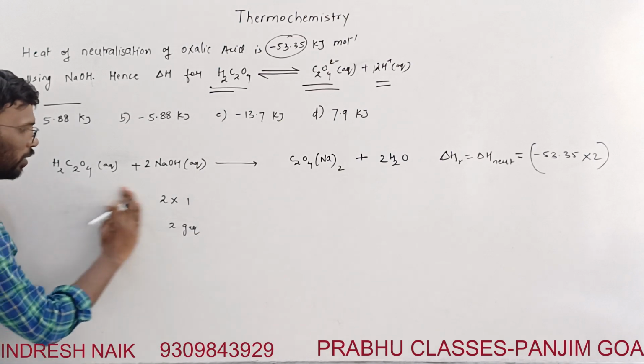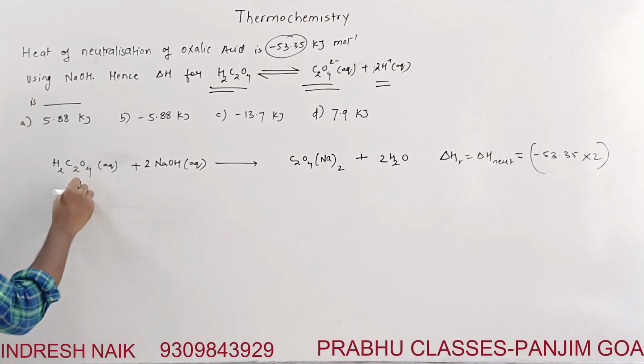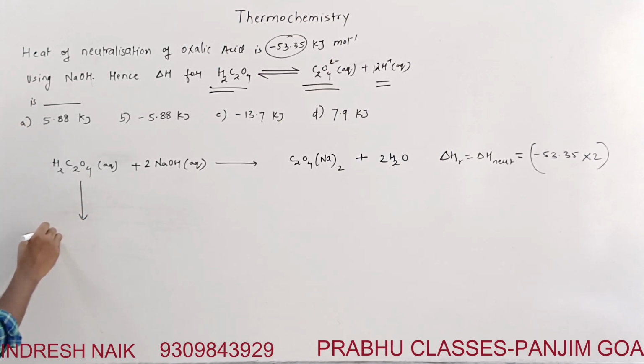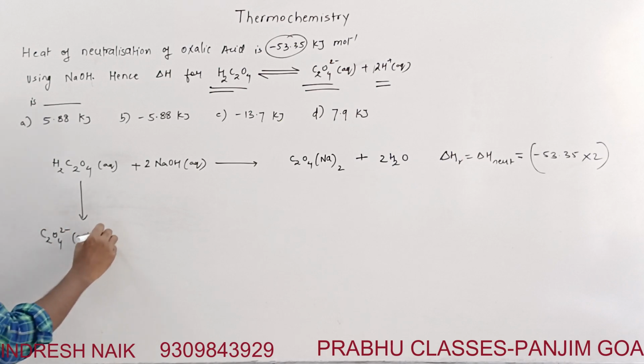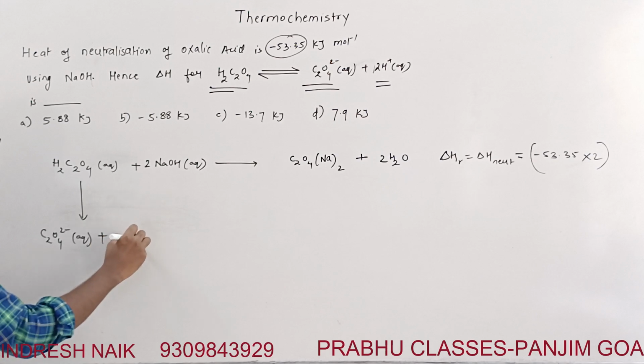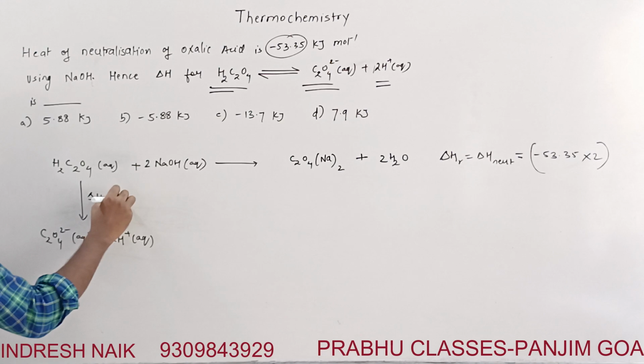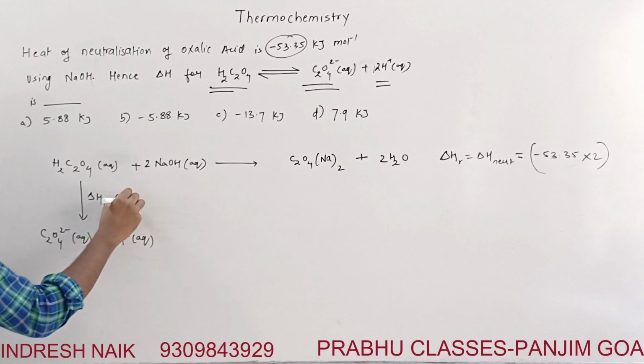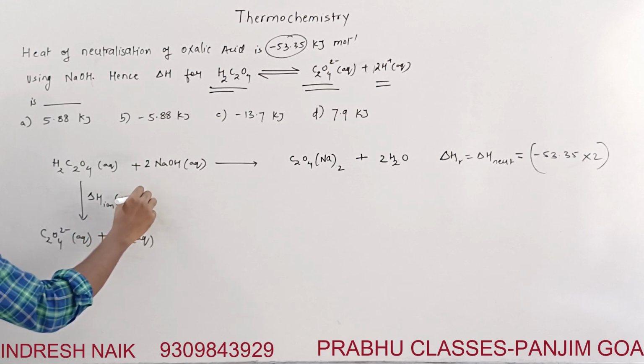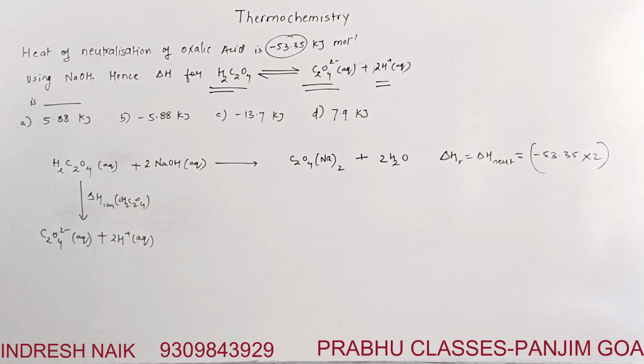Now we'll do this process. So over here, this will be C2O4 2 minus aqueous, 2H plus aqueous, and the enthalpy of ionization of H2C2O4. This is what we need to find, right?